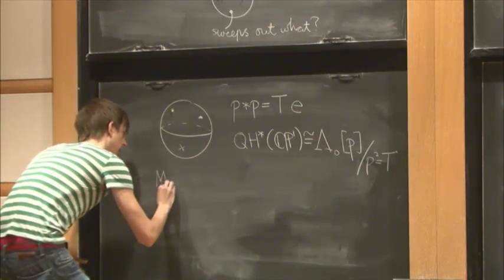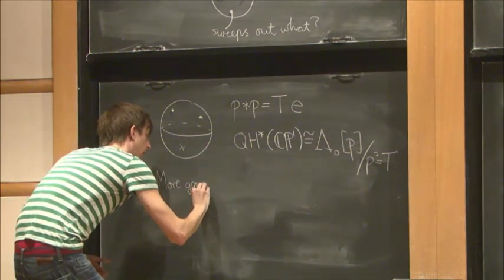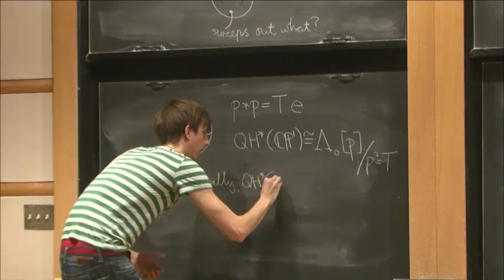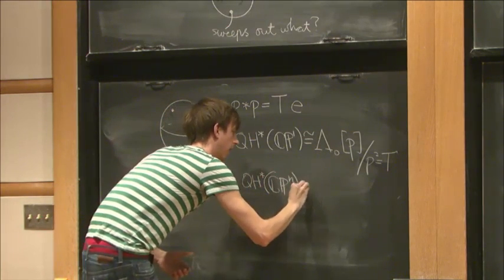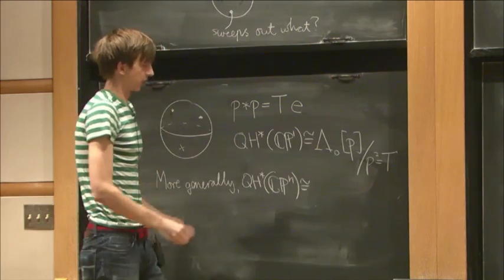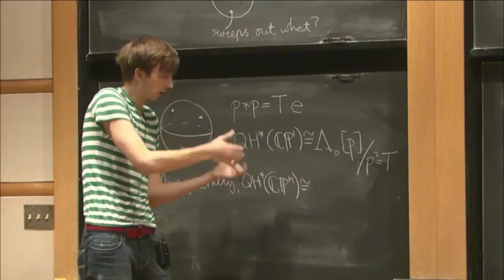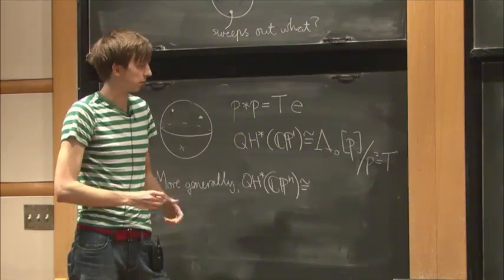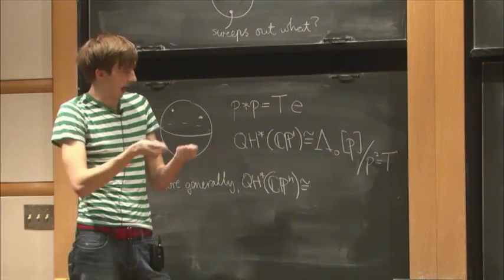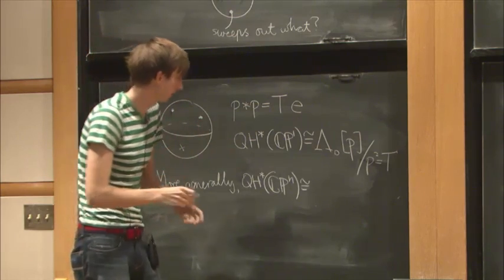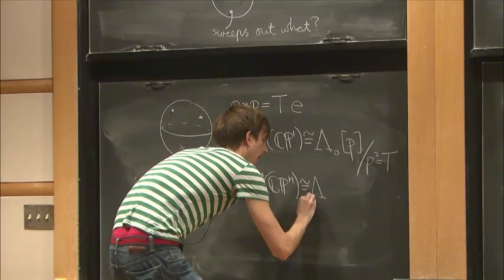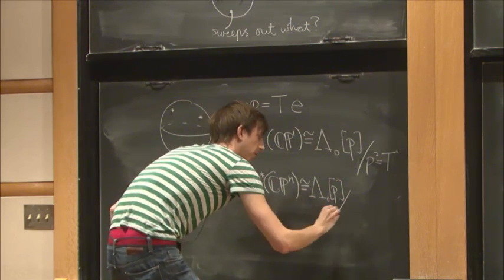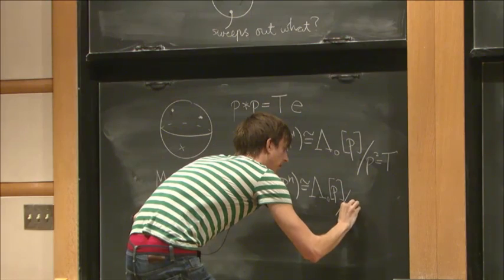More generally, if we take CPN, it turns out that the only homology class of holomorphic spheres that matters for this version of the quantum cup product is lines, and we know there's a unique line through any two points. What that ends up giving us is polynomials over lambda naught in P, mod P to the n plus 1 equals T.